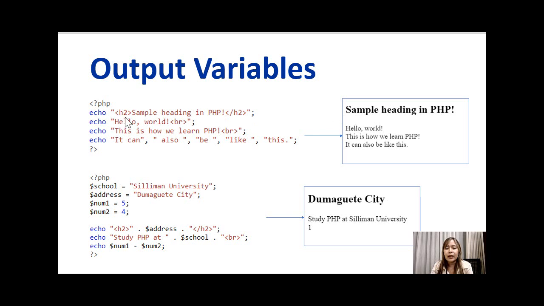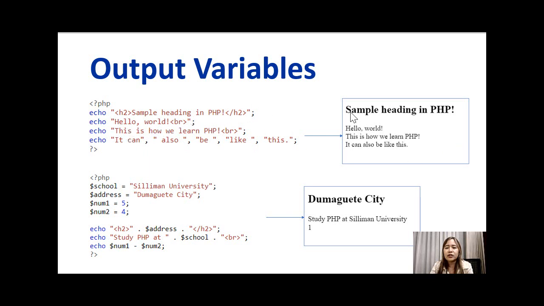So that's why it will not display h2 as a text on your screen when you run this code, but it will simply interpret it as an HTML tag, and it will display sample heading in PHP in that particular layout. So it's bigger because it's a heading. And then you have your normal paragraph following it. So you have hello world, and then you have the break.